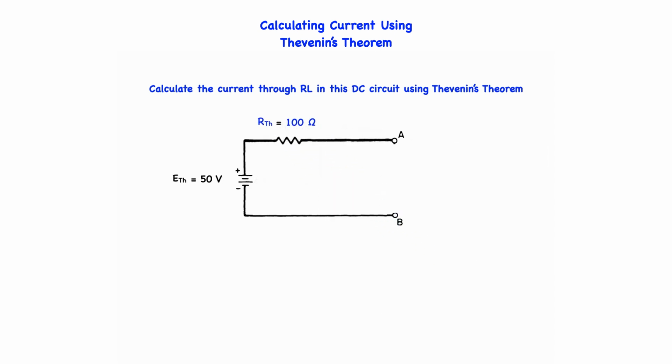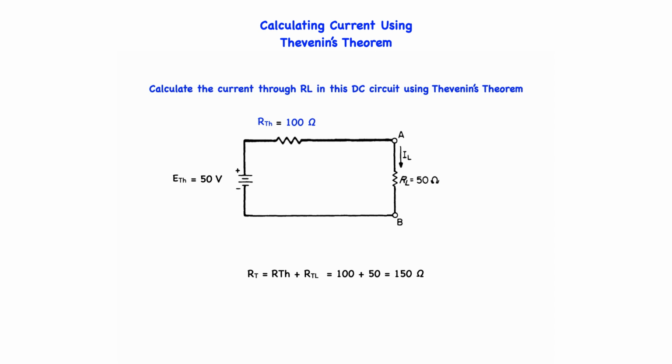The Thevenin equivalent circuit consists of the series combination of ETH and RTH. The load resistor RL is connected or reconnected across the output terminals of this equivalent circuit. RT, the total circuit resistance, is made up of RTH plus RL, which is equal to 100 plus 50, which is equal to 150 ohms.